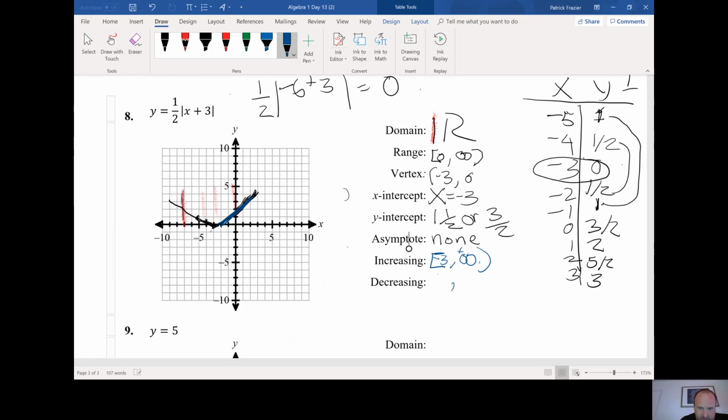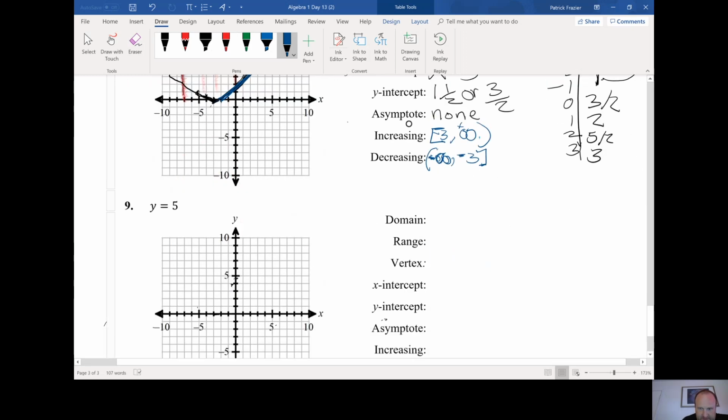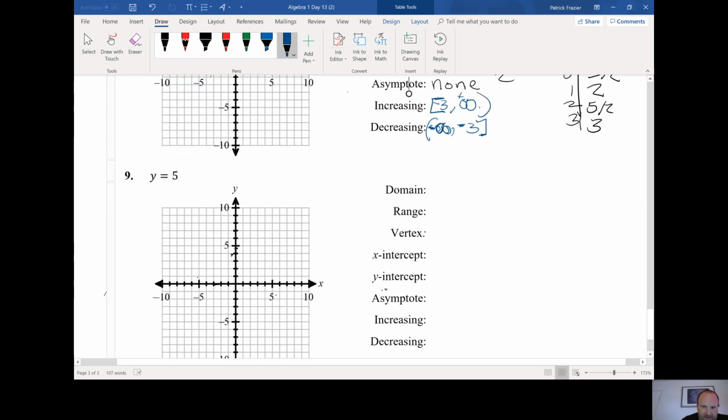As far as decreasing, well, going all in the other direction towards negative infinity, where you do want to put a negative sign. Each subsequent value of x corresponds to a lower output, or y, up until -3. And then that completes problem number 8.